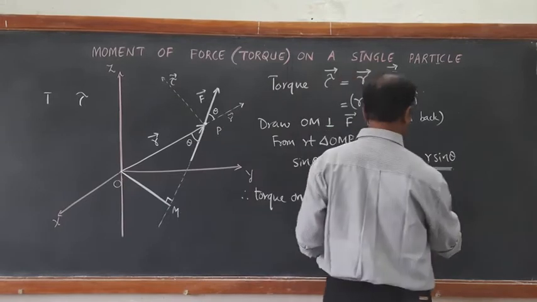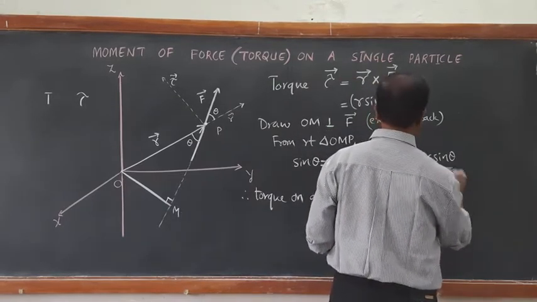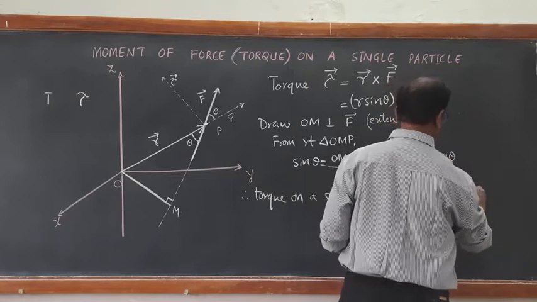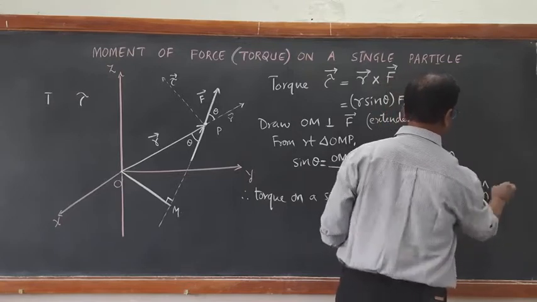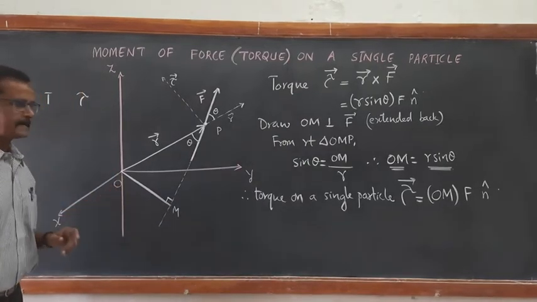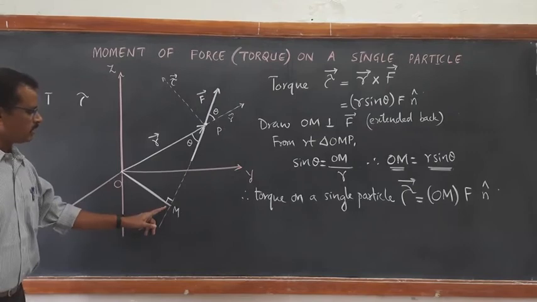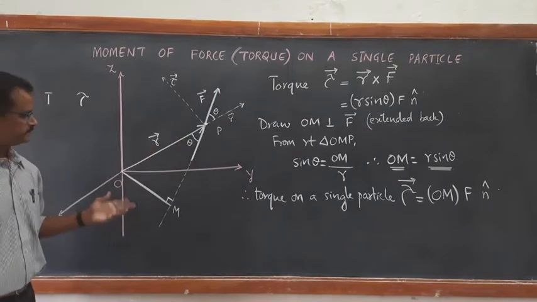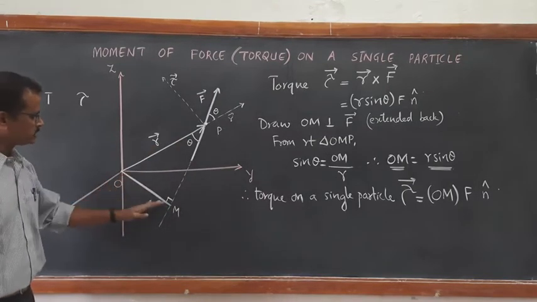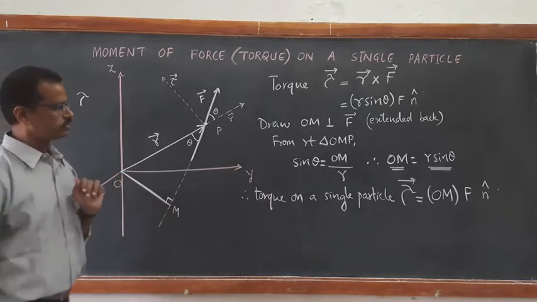R sin theta I am representing by OM into F into n cap. What is OM from the diagram? Is it not the perpendicular distance? The perpendicular distance of the force into force. OM is the perpendicular distance of the force from the axis of rotation, into force.